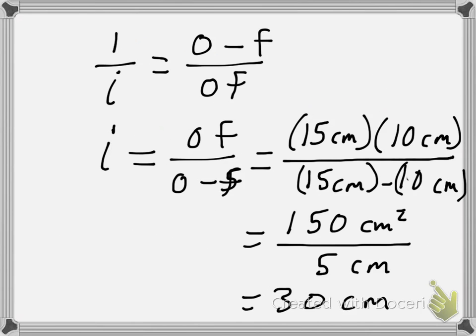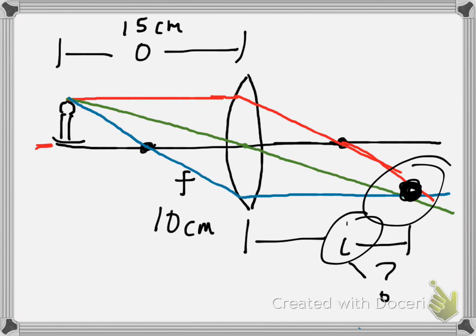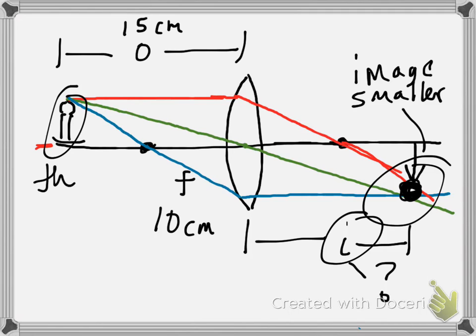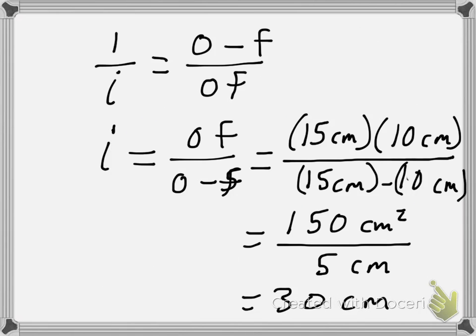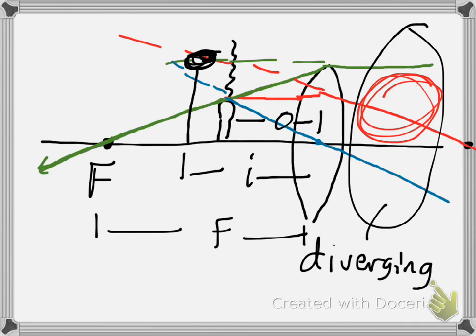Remember back a few slides ago, there the image is probably going to be a little bit smaller than the object, whereas here the image is going to be a little bit bigger.